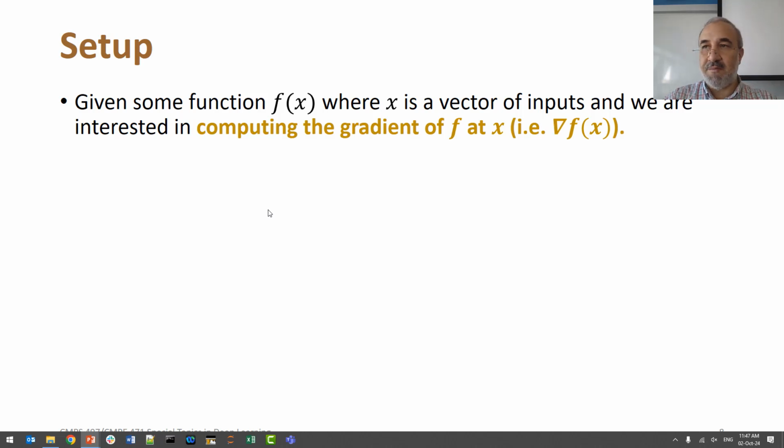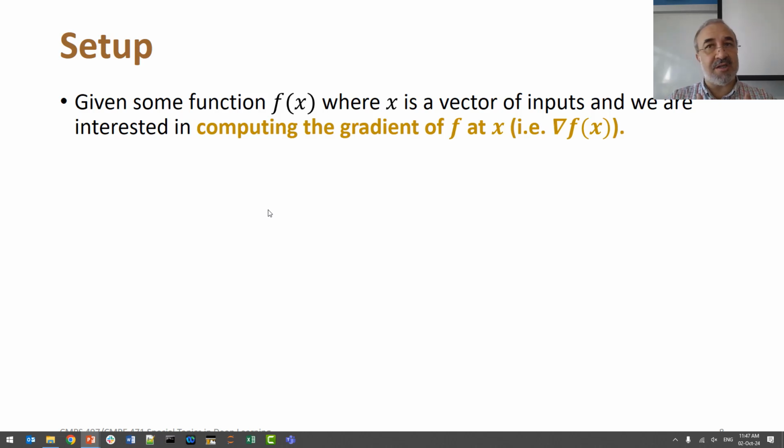What is the setup of backpropagation? We have a function f of x, and by the way, backpropagation can be applied not only to neural networks, it can be applied to any function. So the setup of backpropagation is that we have a function f of x, and we want to compute the gradient of f with respect to x.